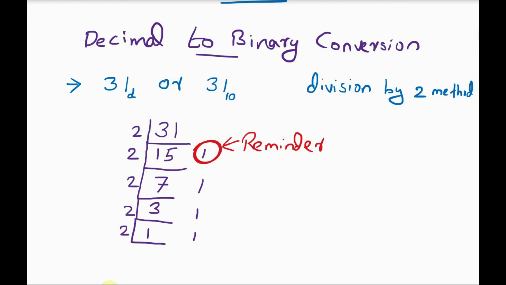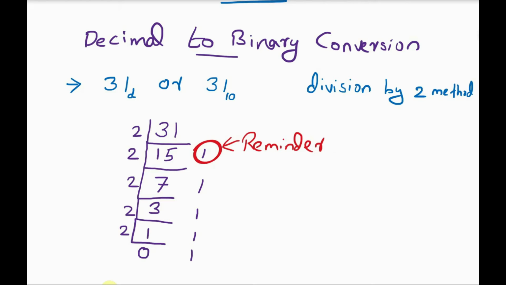We cannot divide 1 by 2, so we put 0. 0 into 2 is 0, but here it is 1, so the remainder is 1. It is better to complete till it reaches 0. Otherwise, it may create confusion when you write the binary number.